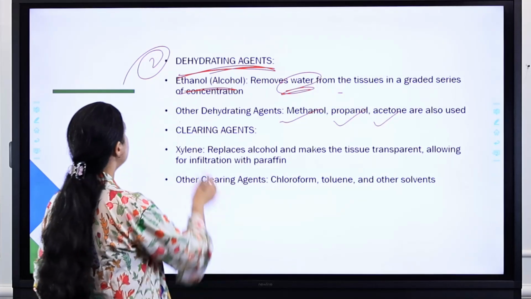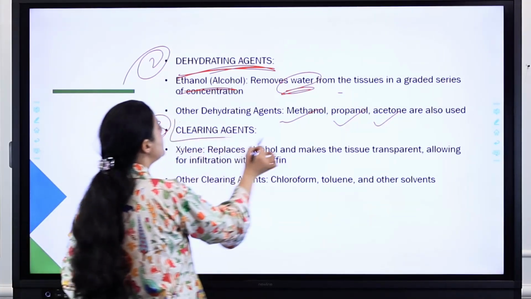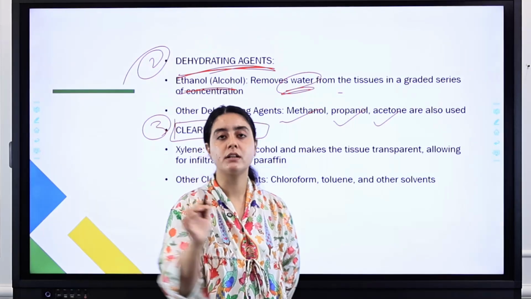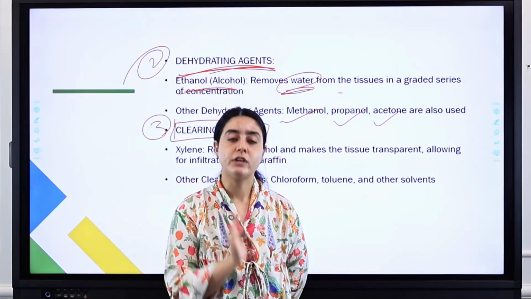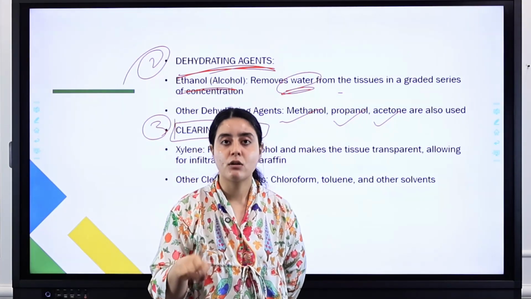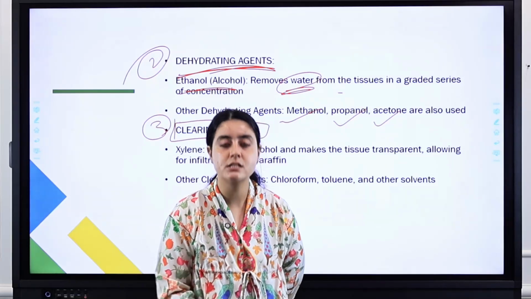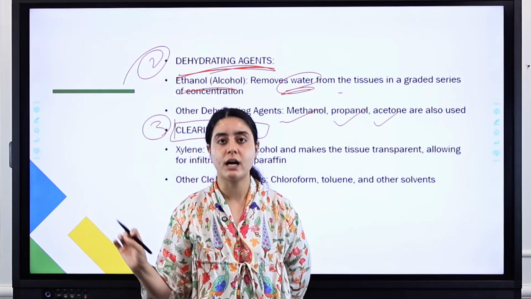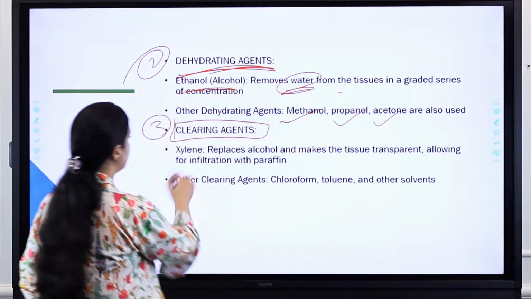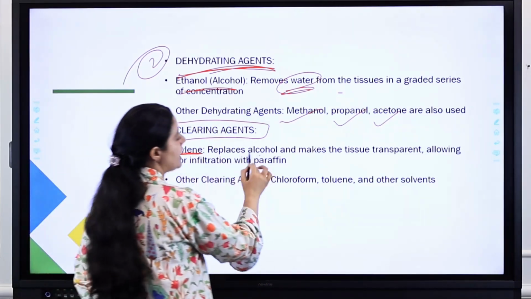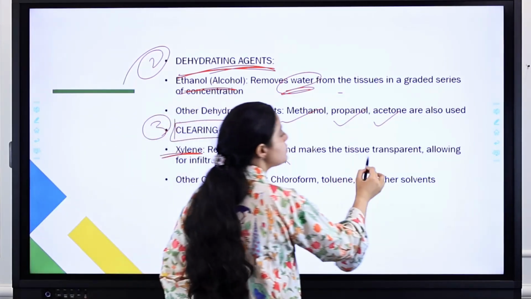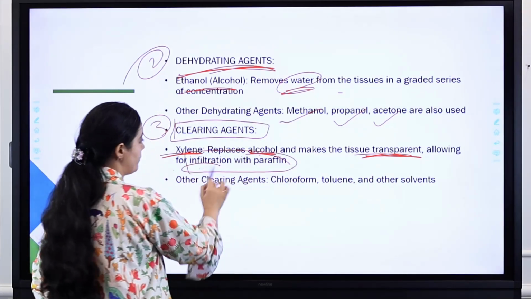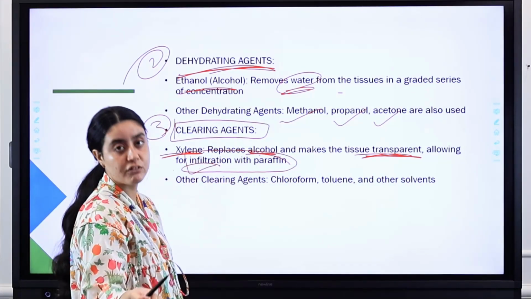ethanol. Then we have third, clearing agents. When we have done the dehydration step, we have to remove the excess alcohol. Now we have to clear our slides. The common clearing agent we use in our histopathology lab is xylene. Xylene replaces alcohol and makes the tissues transparent, allowing for infiltration with paraffin, because the next step is infiltration.